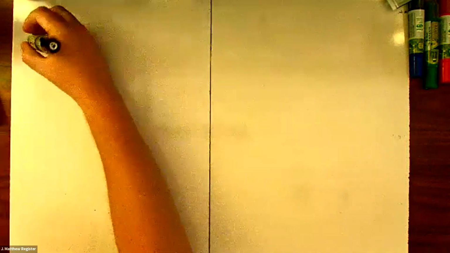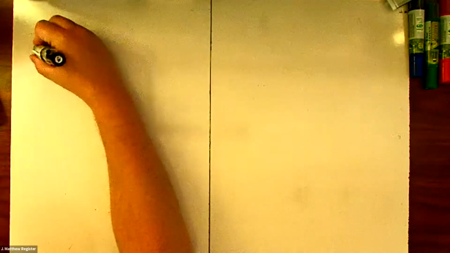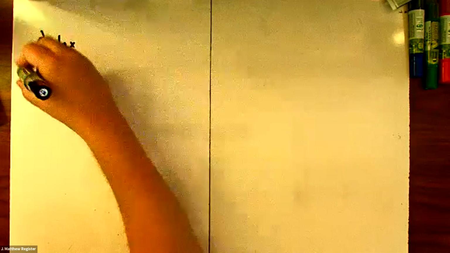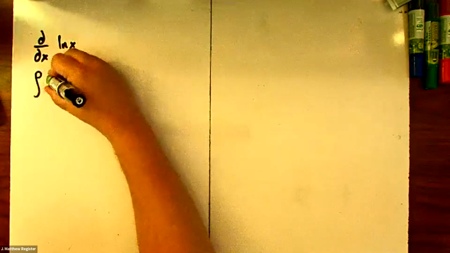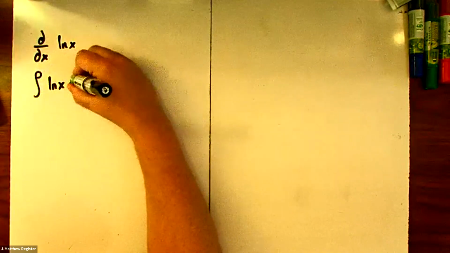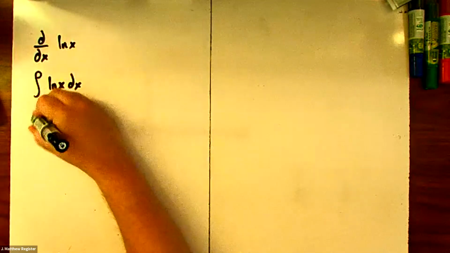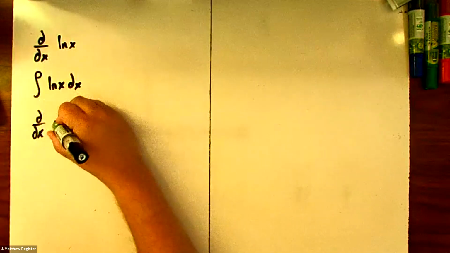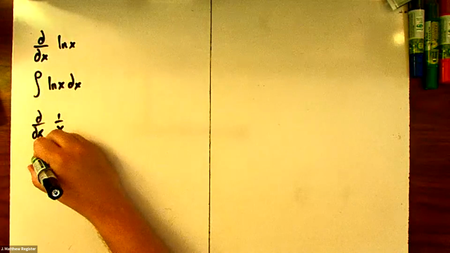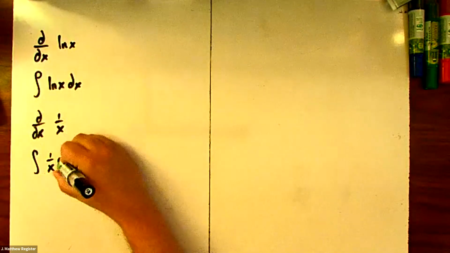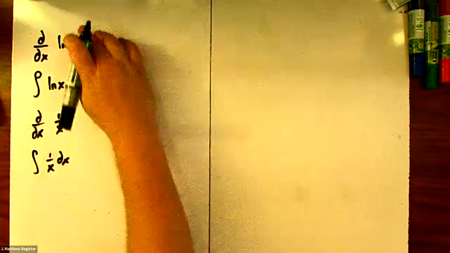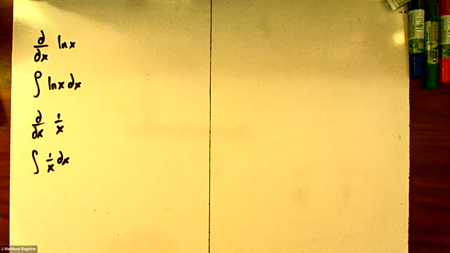Some of the most common ones which people will mess up are things like this: d/dx of natural log of x versus the integral of the natural log of x dx? And then how about d/dx of 1 over x versus the integral of 1 over x dx? These four are the ones which people often mess up, and I'm guilty of it too.